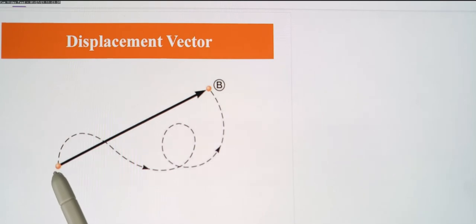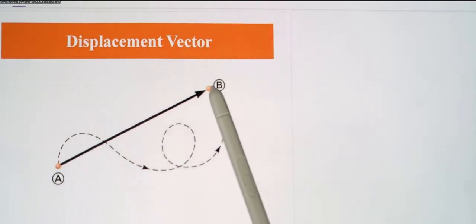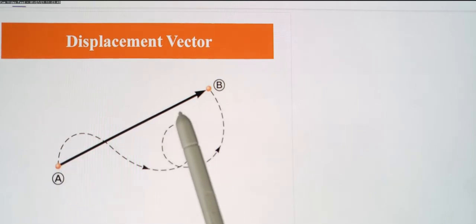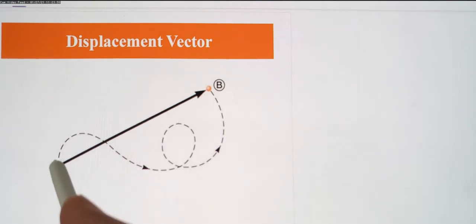It's from A, the starting point, to B, the end point. So it has a magnitude and it has a direction. That's the displacement. The distance is just going through this path or any random path. But if we want to talk about the displacement, it's from point A to point B.